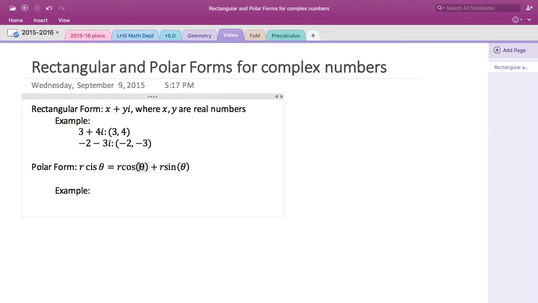So the theta could be either in degrees, or it could be in radians. So, for example, if we have, instead of r, 3 and a cosine of 60 degrees, then that represents a complex number.